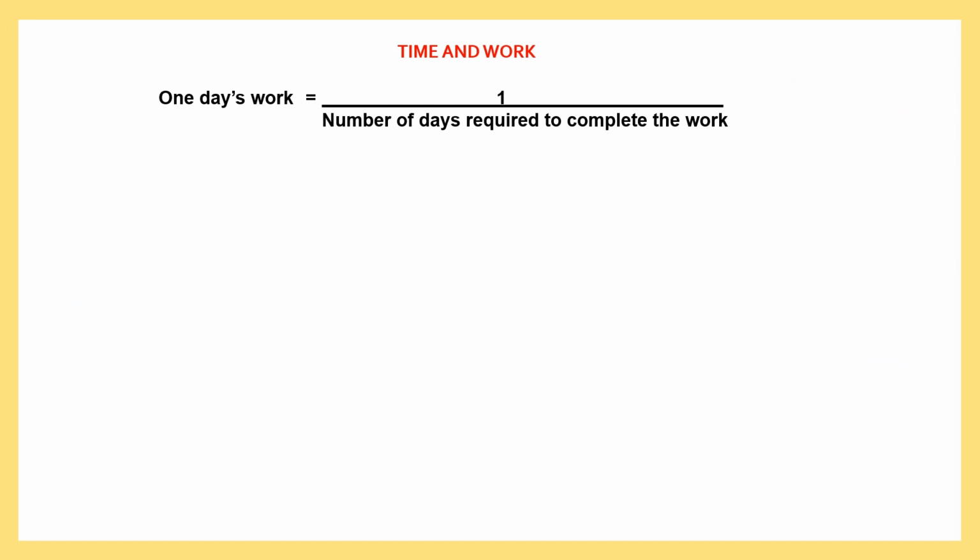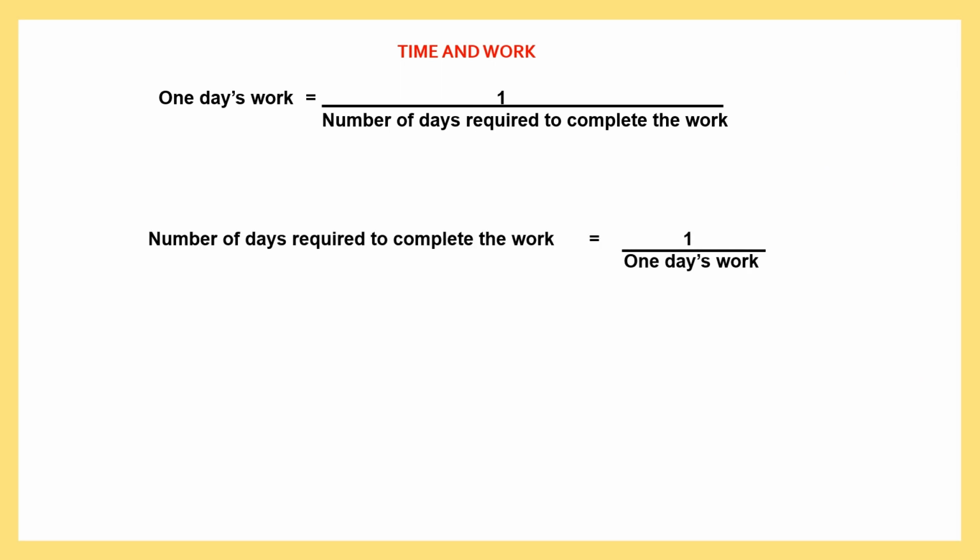Now conversely, we have another formula here. If you know his 1 day's work, if the 1 day's work is 1 by 5, then the number of days he's worked is 5 days. If his 1 day's work is 1 by 10, the number of days he's worked is 10.